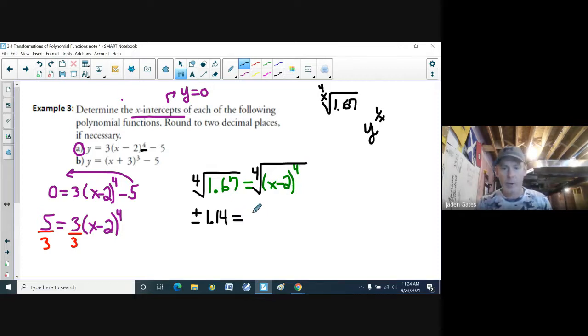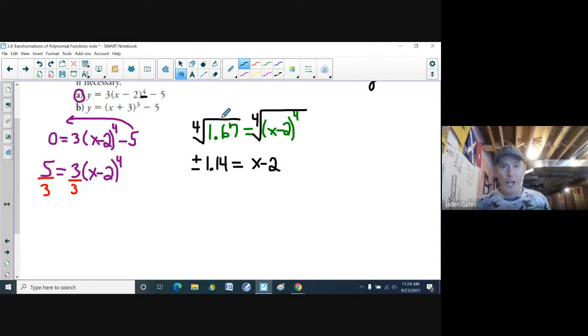Again, that gets rid of that little 4. The whole idea here is get x by itself, so I'm going to move that minus 2 over to the other side. There's a plus or minus in front of this 1.14. So again, that negative 2 changes sign, so it's a positive 2.